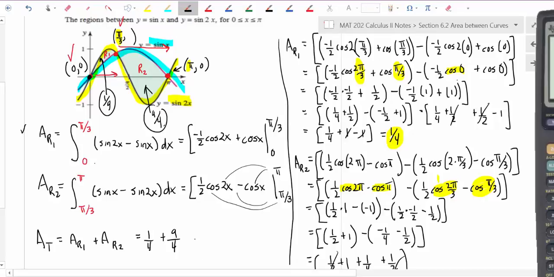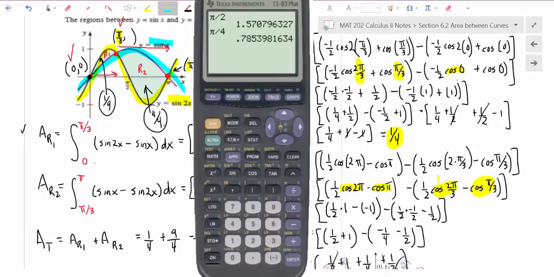So we add this together to get 10/4, and then that reduces to 5/2. So the grand answer to this problem after all that work is 5/2, or 2.5. That should be the final answer of that problem, and that could be checked with technology as well.